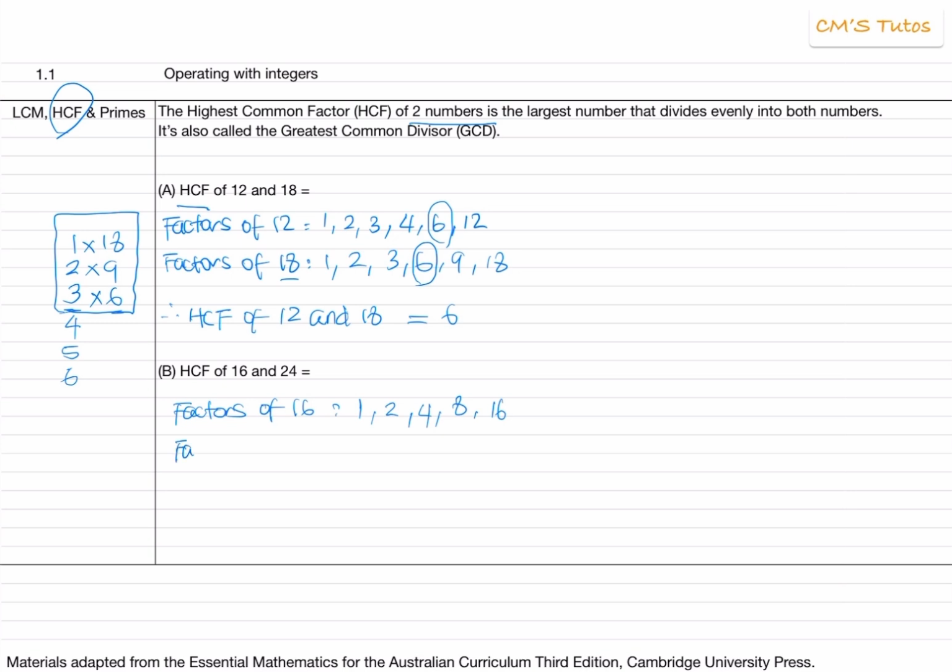What about another one? Factors of 24: 1, 2, 3, 4, 6, 8, 12, 24.